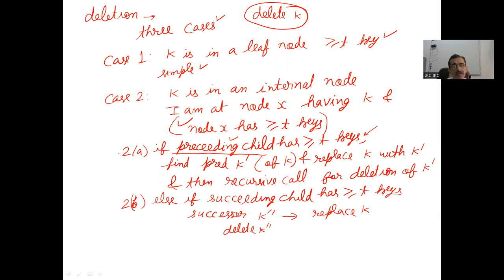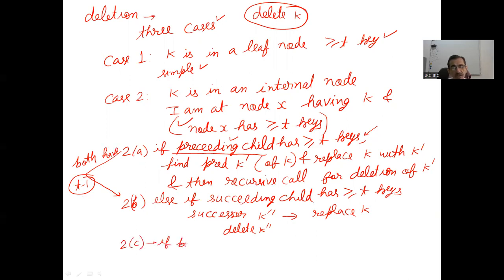But it might happen that both have only T minus 1 keys. We will call that case 2C.